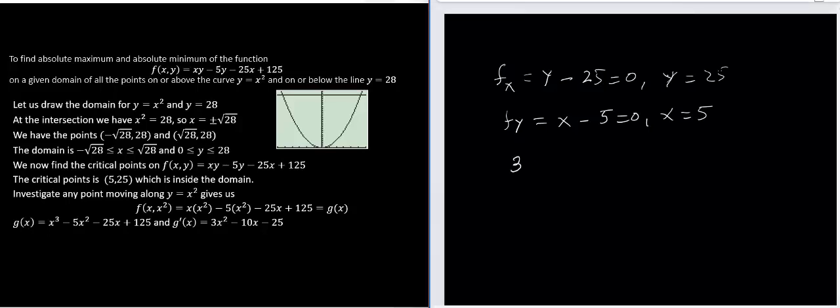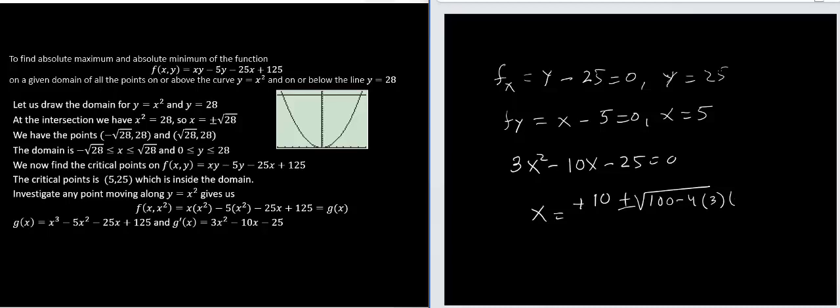So we have 3x squared minus 10x minus 25. If you say equal to 0, then you get x equals minus b, so it is plus 10 here, plus or minus square root of 10 squared, which gives you 100, minus 4 times a, which is 3, and c is negative 25, all over 2 times a, which is 3.